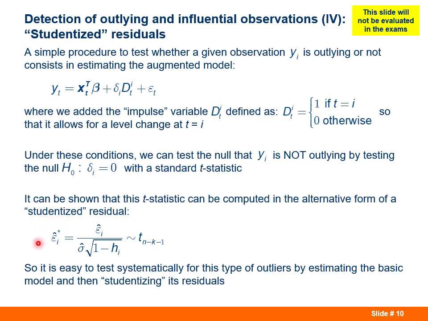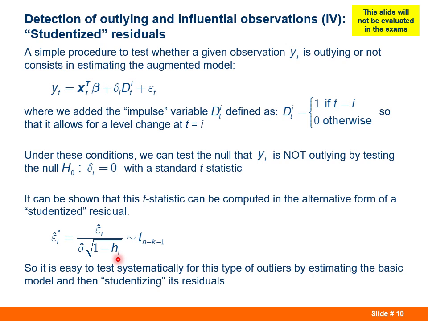Here you have the residual, which is studentized. This is the standard residual. This is the unbiased estimate for the standard deviation of the errors. And you have here the square root of 1 minus the leverage coefficient for the ith observation, the same leverage coefficient that we defined a couple of slides ago.